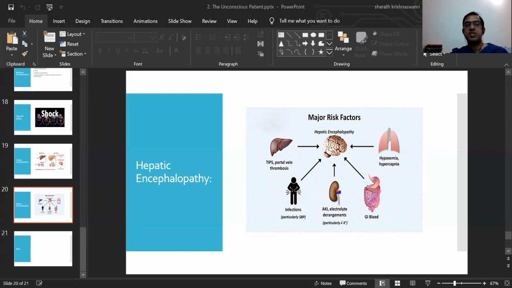The fourth stage is marked by a complete progression to coma where the person is completely unconscious. A similar set of phenomena is seen in a condition called uremic encephalopathy, in which there is an increase in the levels of urea in the blood.